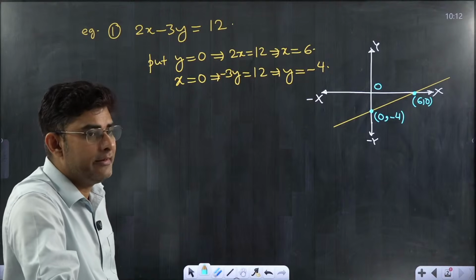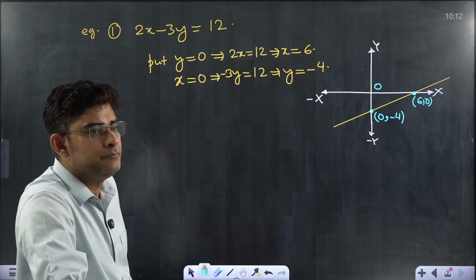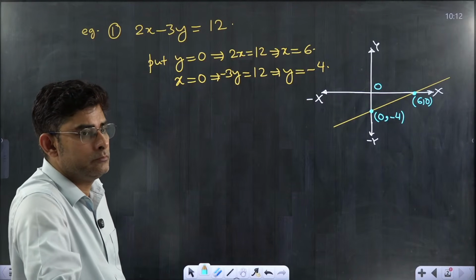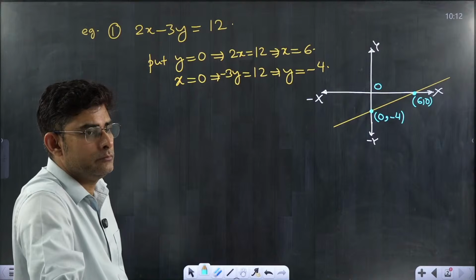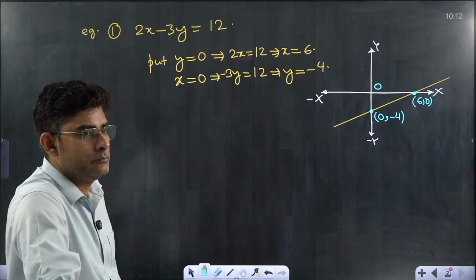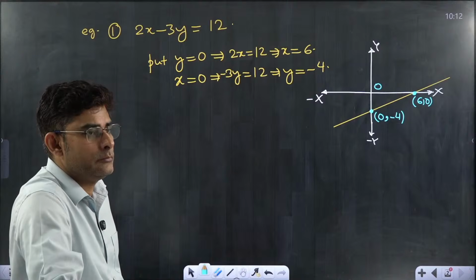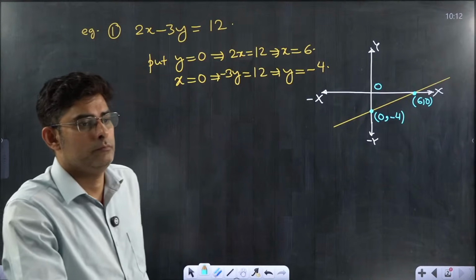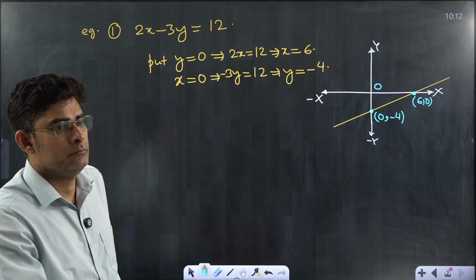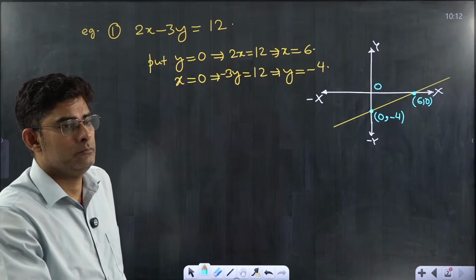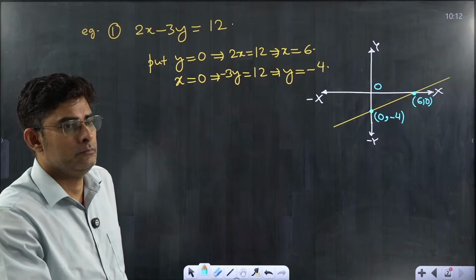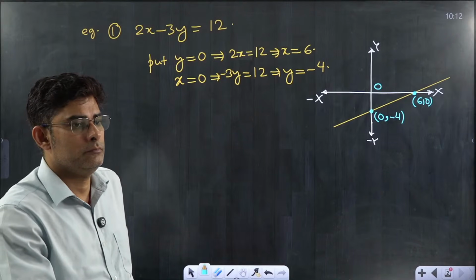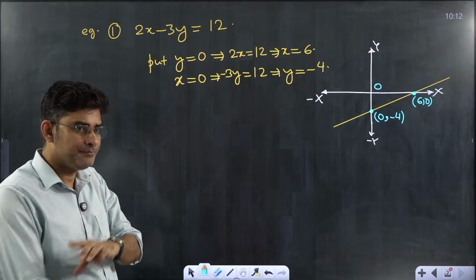Minus 3y is 12, so y is equals to minus 4. Is it clear? Okay. I hope it is clear.